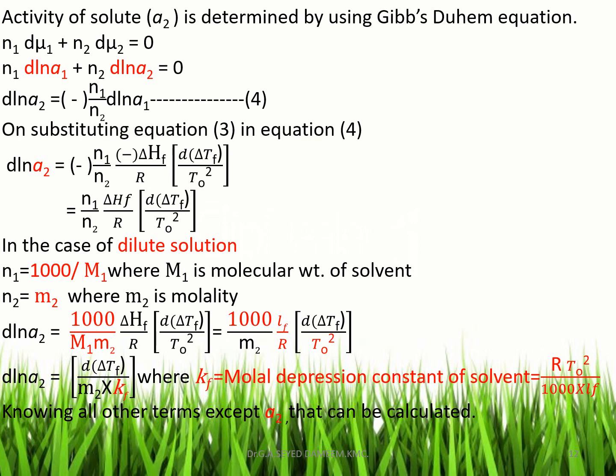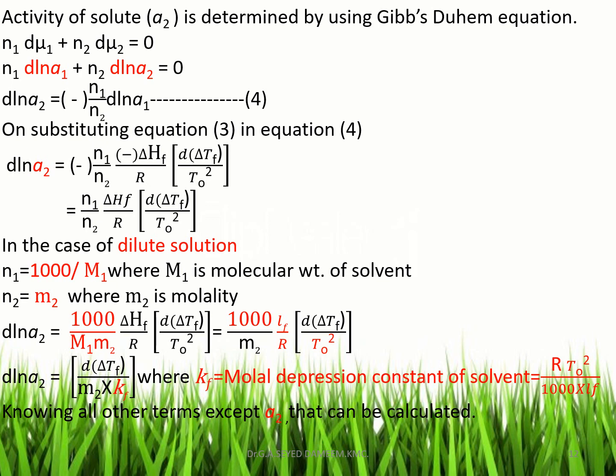So on substituting N1 as 1000 divided by M1 and N2 as M2, we get d ln A2 equal to 1000 divided by M1 times M2, with numerator delta HF d delta TF, and denominator R T0 square.